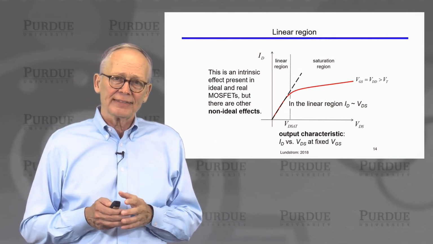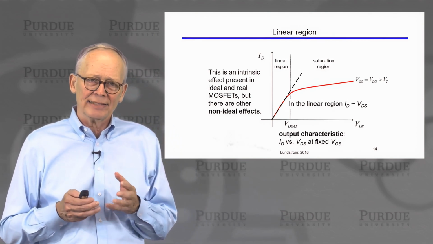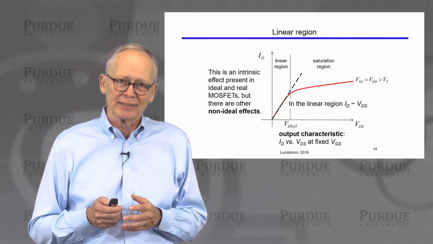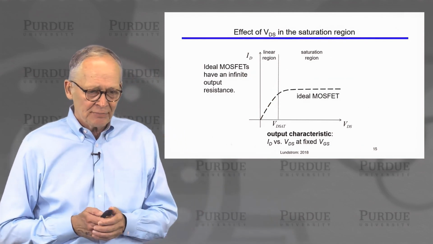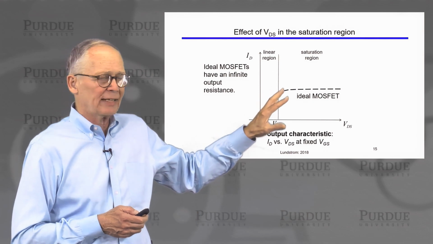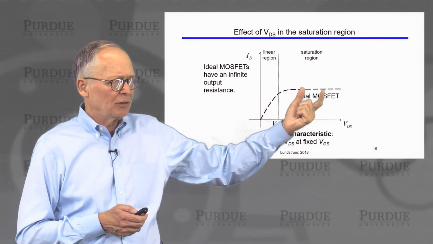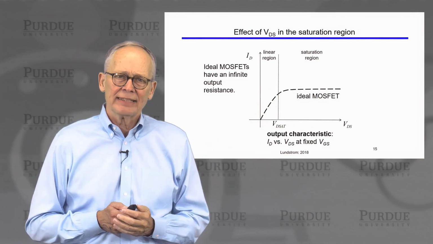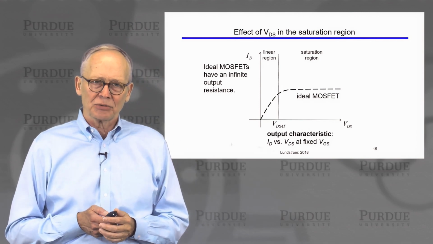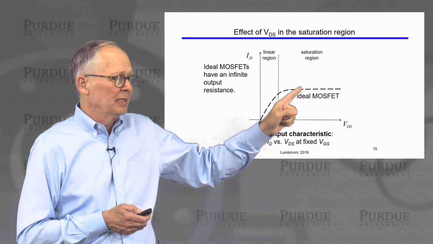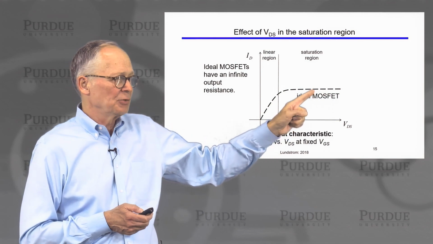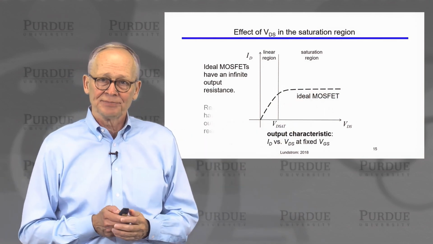But there are other effects that the drain voltage has, which are really detrimental to the operation of the transistor as it should operate. One of those ways is this: an ideal MOSFET would behave as a gate voltage dependent current source in the saturation region. The current in the saturation region would be independent of the drain voltage.